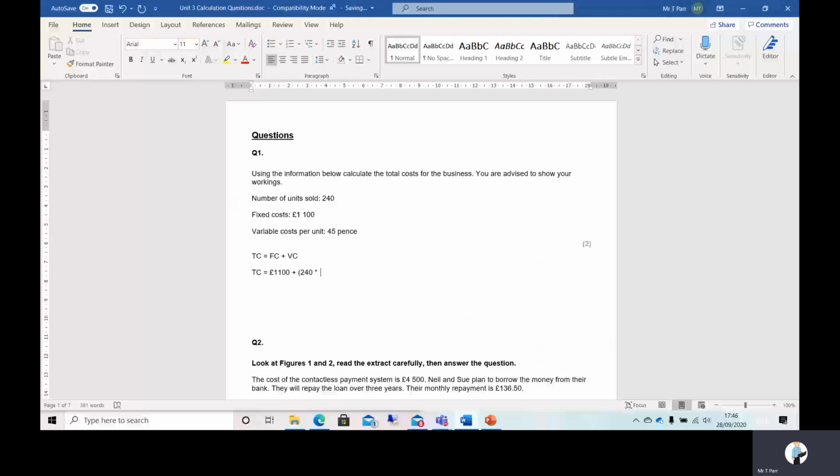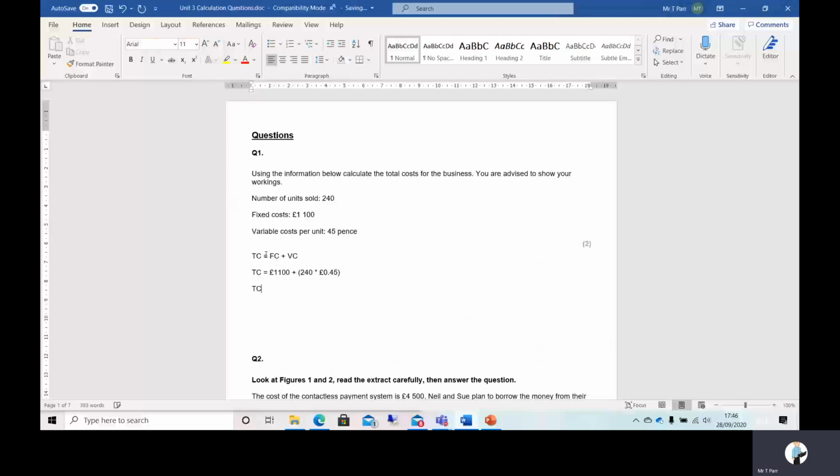And you know that's there to trip you up, because a lot of people are just going to multiply it by 45, but that's wrong because we have to work in pounds. So 45 pence is actually £0.45. Okay. There we go. Total costs is equal to, okay, I've got the answer.